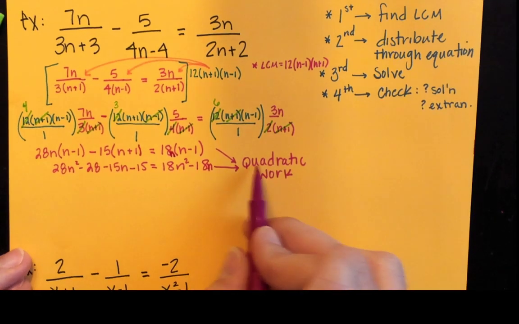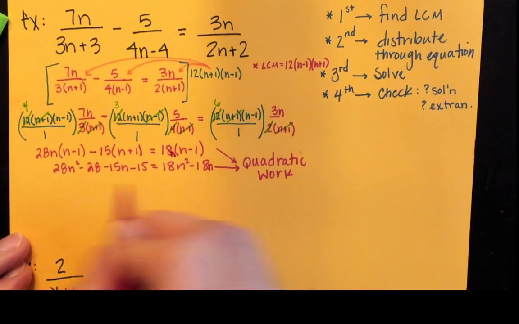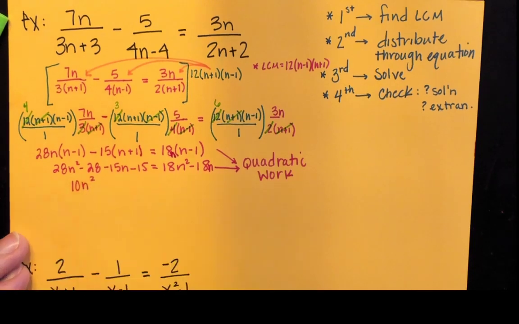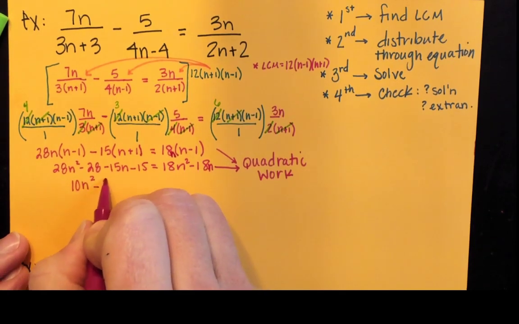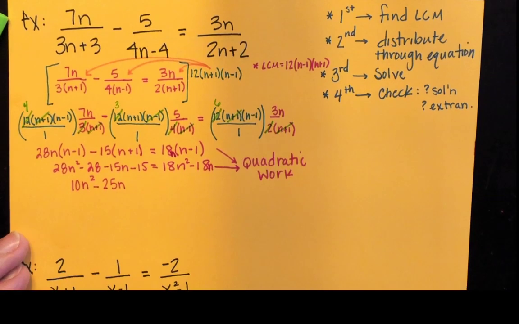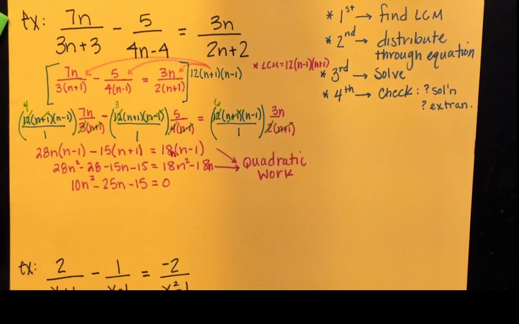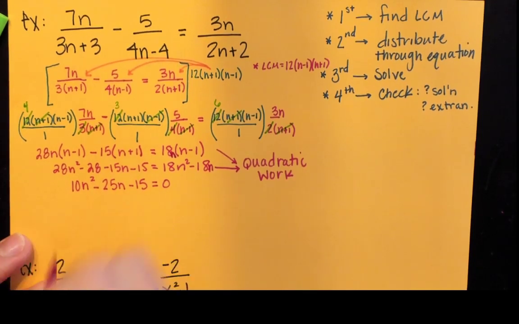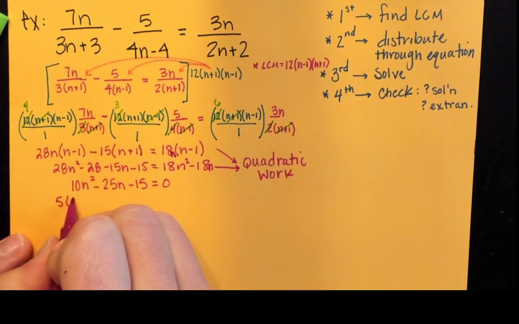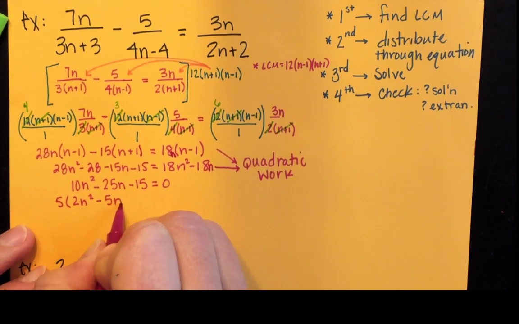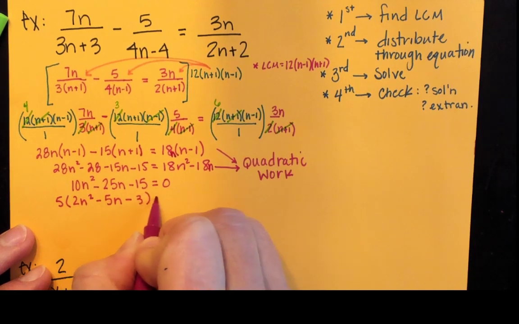It's quadratic, so we're going to bring everything back, and we end up with 10n squared minus 25n minus 15 equals 0. Now to make this a little bit easier, I am going to factor out a 5, and I'm left with 2n squared minus 5n minus 3 equals 0.